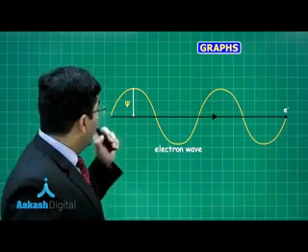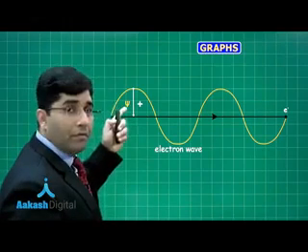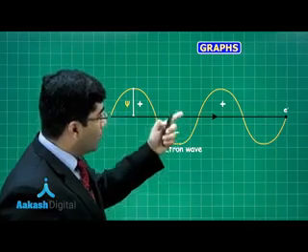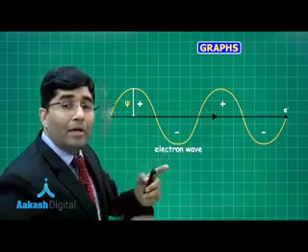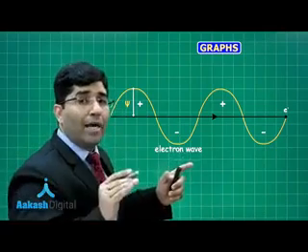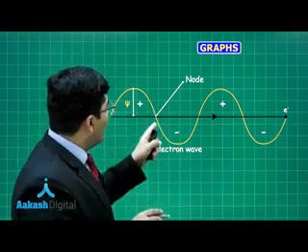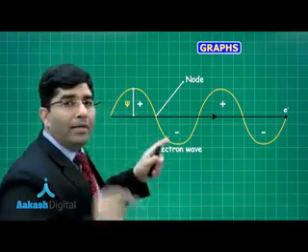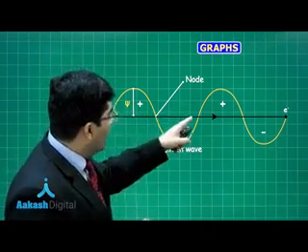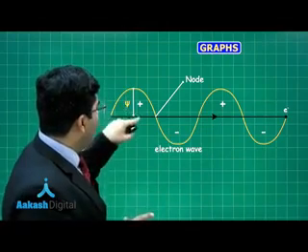And this Xi at this particular time is positive, then it becomes negative, then again positive, then negative. This is the property of Xi. You can't change the property of Xi, so whenever there is a node in between, Xi will change its sign. There is a node, there is a node, and what is a node? Where Xi is equal to 0.